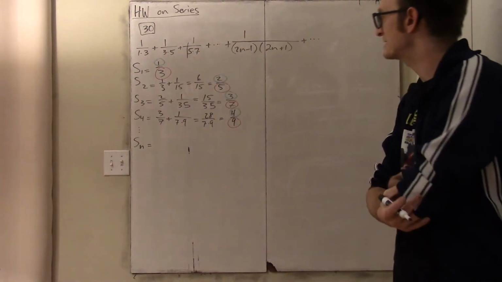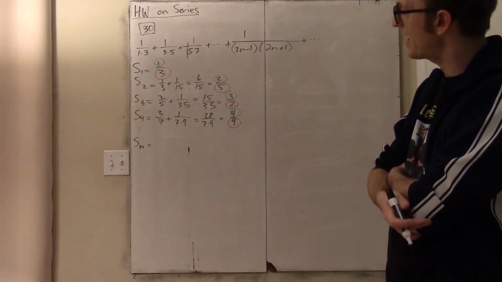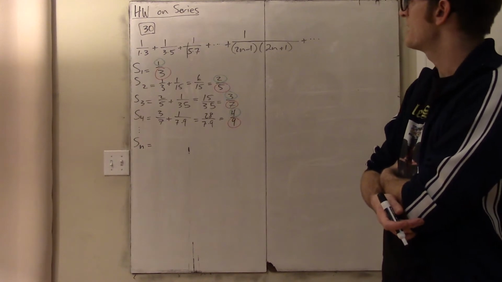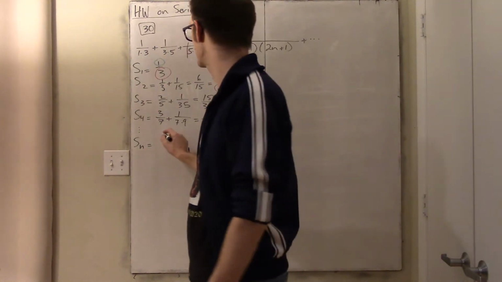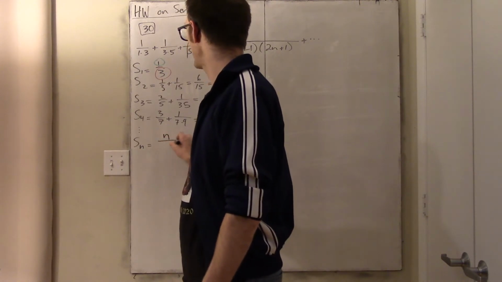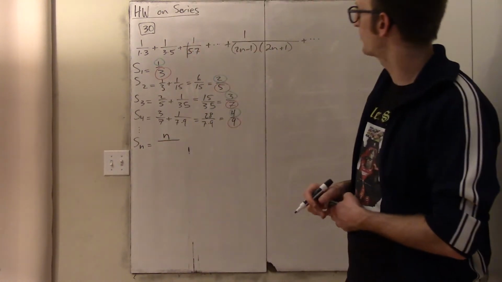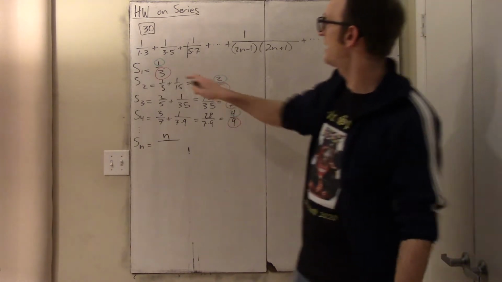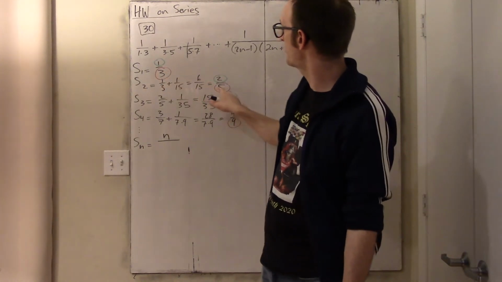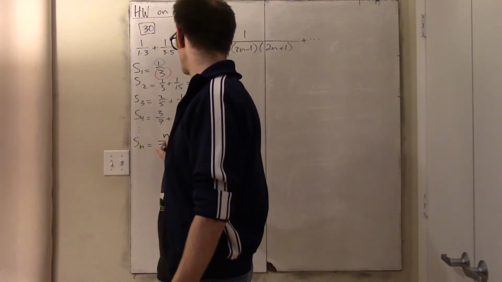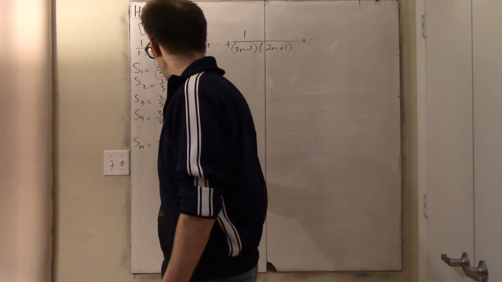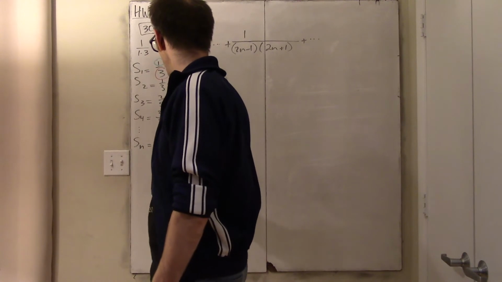So if this pattern continues, and if I have understood it correctly, then by the time I get to the nth partial sum, the numerator will be n, and the denominator will be, well, let's see, this is like the second odd number, the third odd number, the fourth odd number, the fifth odd number. So I guess this is like 2n plus 1. Let me just double check that.